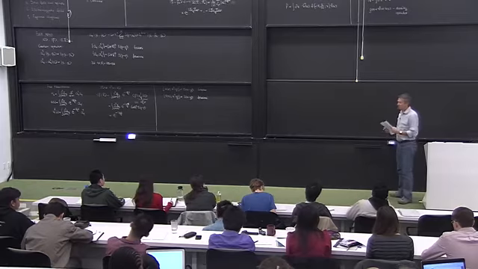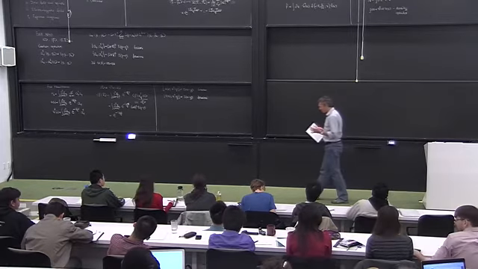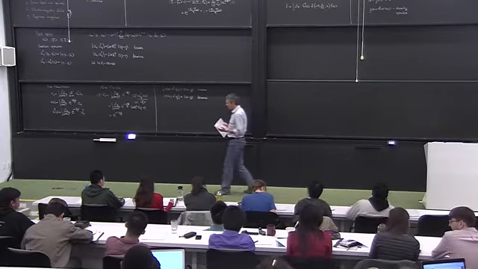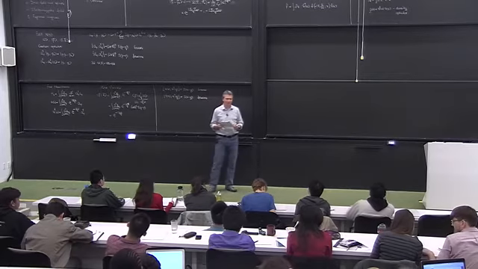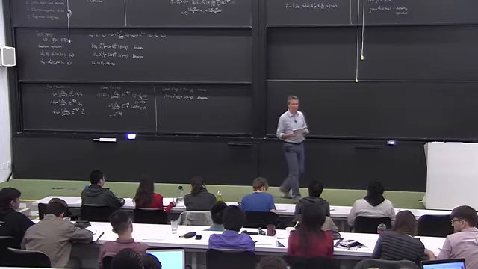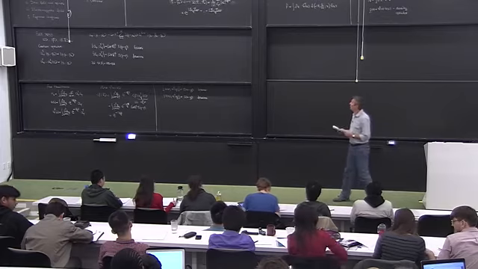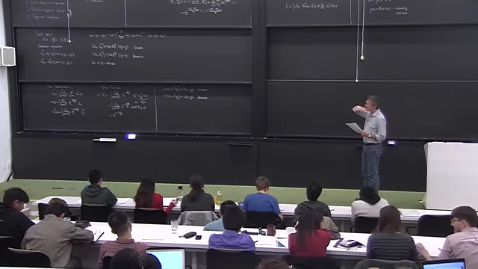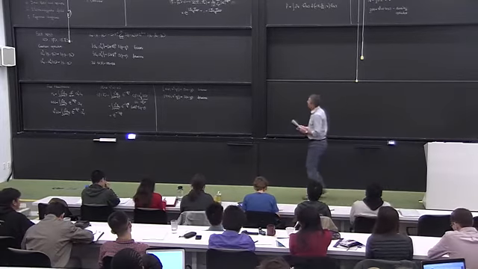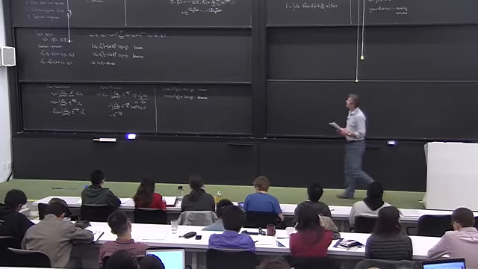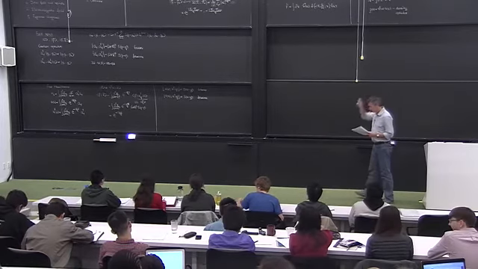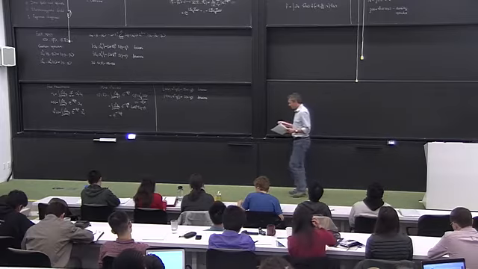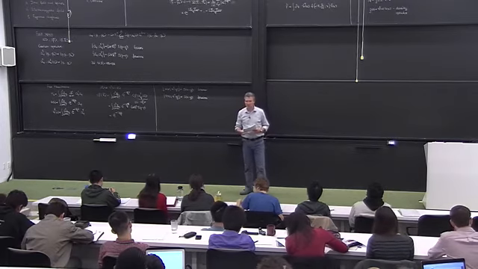Now let's return to the problem that we wanted to analyze from the start, namely the problem of interacting particles, where the Hamiltonian was given by the formula over there: we have n particles interacting pairwise with a given potential.